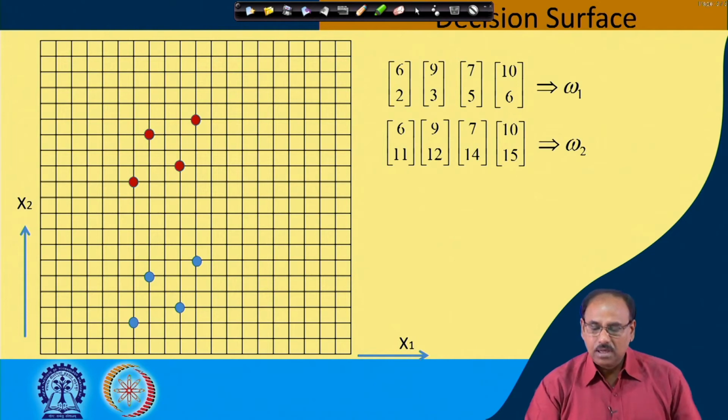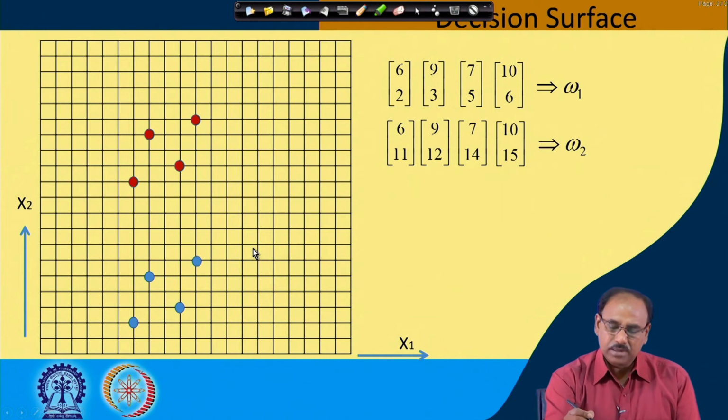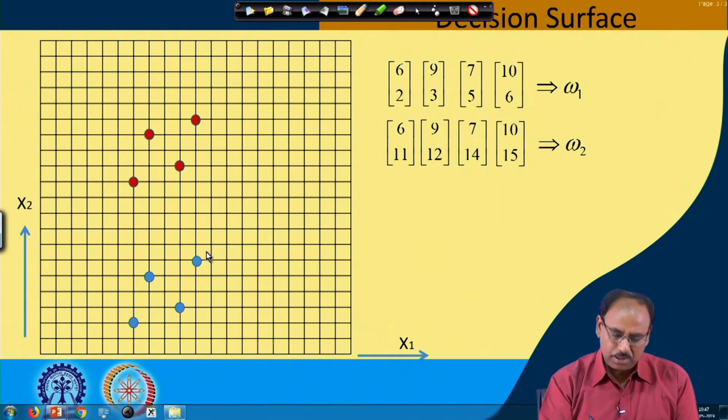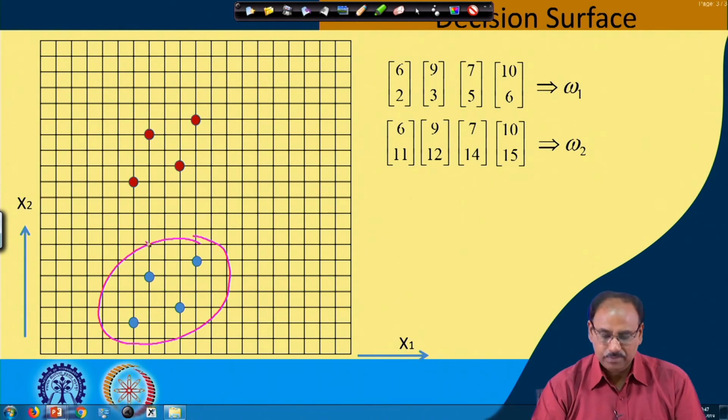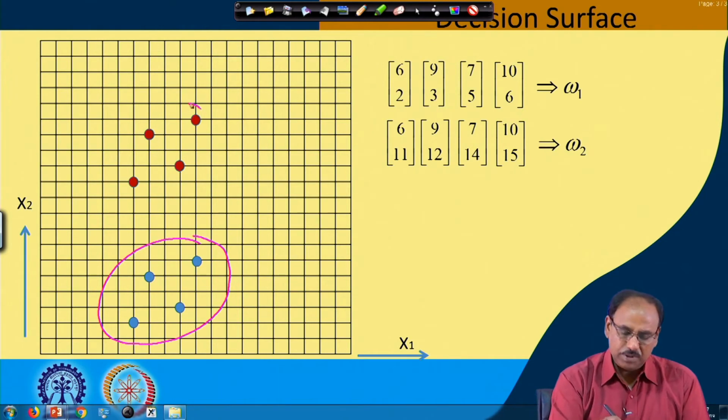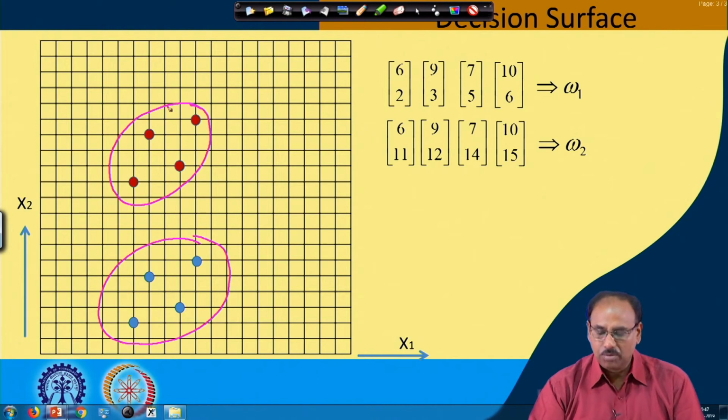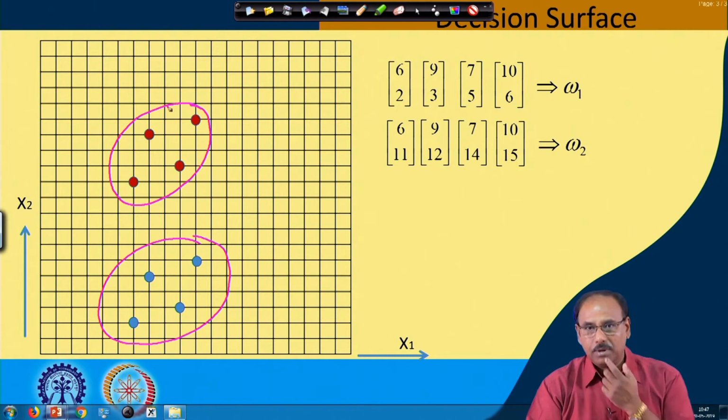The feature vectors that I am taking from class omega 1 are all those marked in blue: (6,2), (9,3), (7,5) and (10,6). Similarly, all the feature vectors in red are taken from class omega 2: (6,11), (9,12), (7,14) and (10,15).